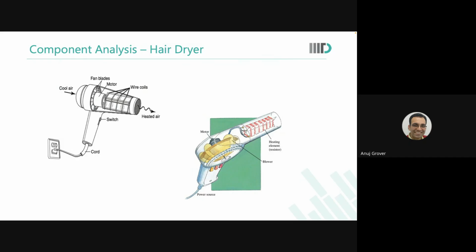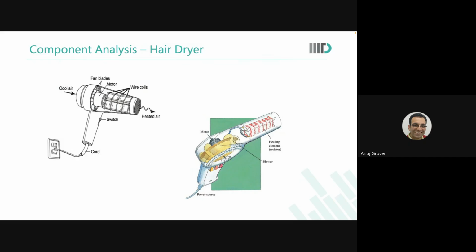So, is this component analysis correct? Check. Are all the components at the same level of hierarchy? He's saying switch and cord can be super system. Okay. He wants to put them there. Okay. What else? Power source also here.